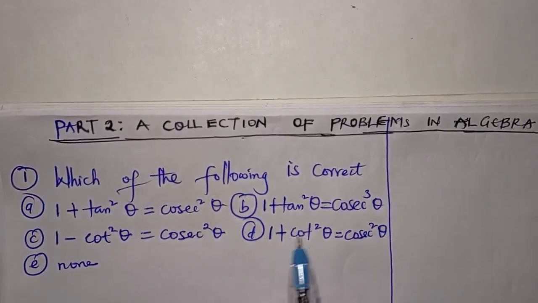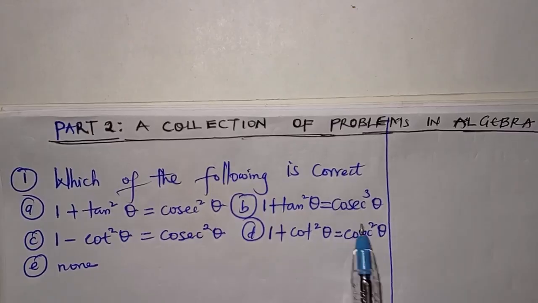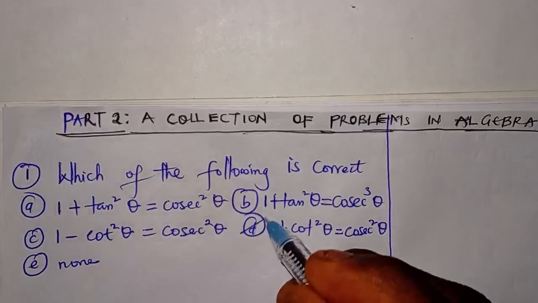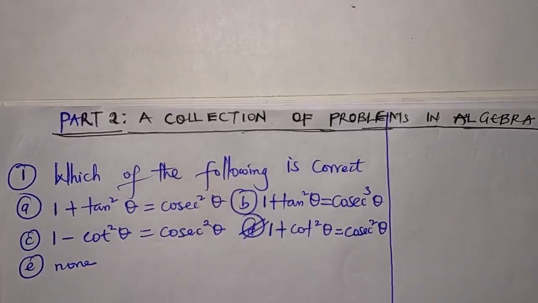D, 1 plus cot squared theta equal to cosec squared theta. Option E is none of the above. The correct option here is option D, that says 1 plus cot squared theta is equal to cosec squared theta.